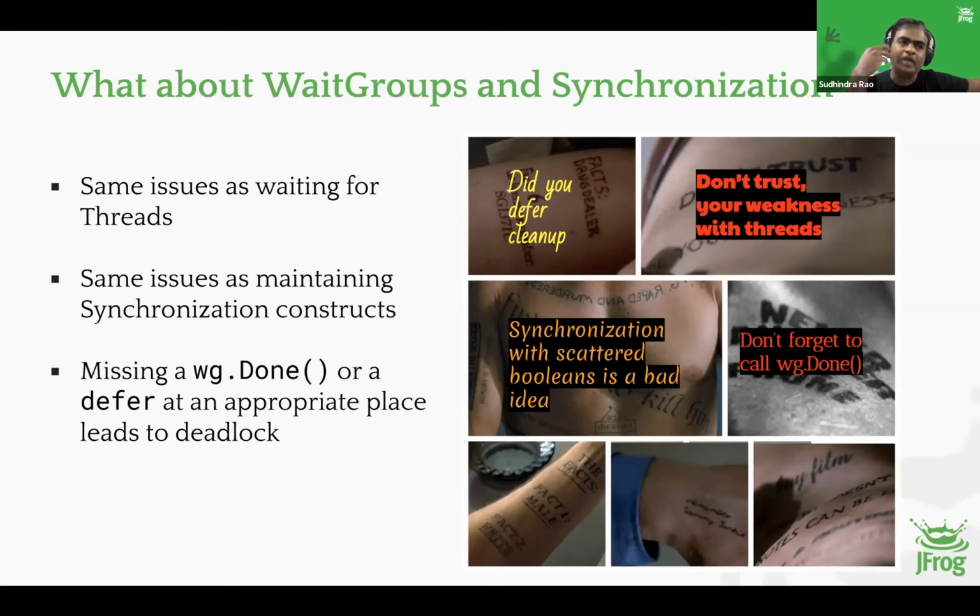And sometimes we ran into deadlocks, and often the culprit was that we forgot to call wait group done, or we did not put the defer in the right place, and a thread was hanging and waiting for some other Go routine to finish, and it became a mess. To avoid this, I think the pipelines technique helps a lot.